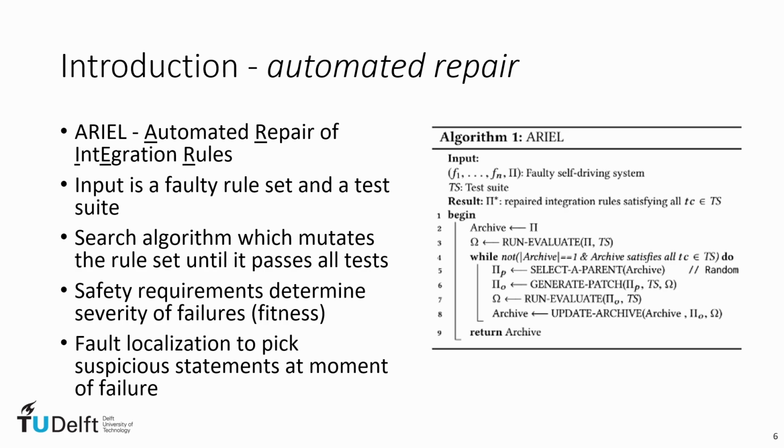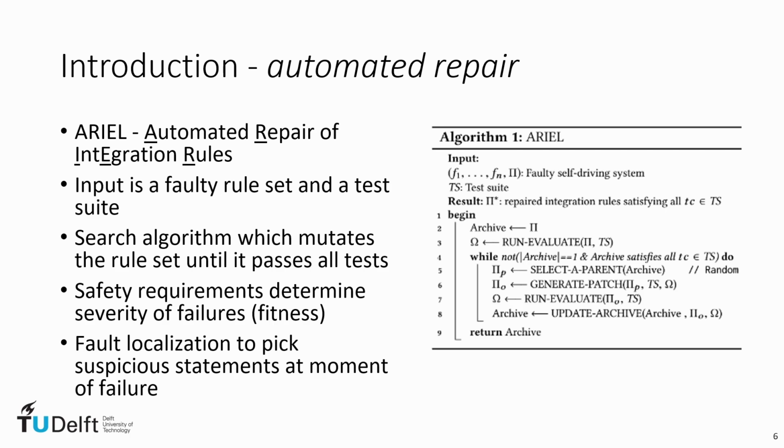Alright, so let's look at an automated repair algorithm. In this case, we're looking at ARIAL, which stands for Automated Repair of Integration Rules. Its input is a faulty rule set and a test suite. A test suite is basically a collection of driving scenarios. It's basically a search algorithm which mutates the rule set until one of the mutants passes all the tests in the test suite.